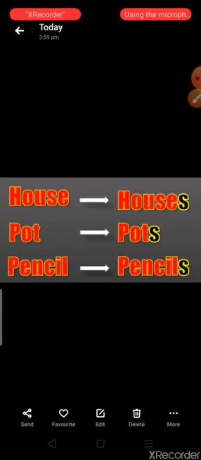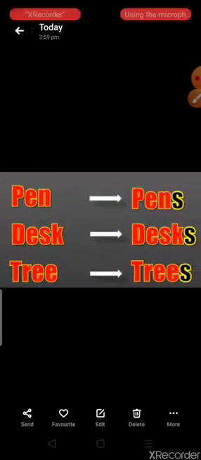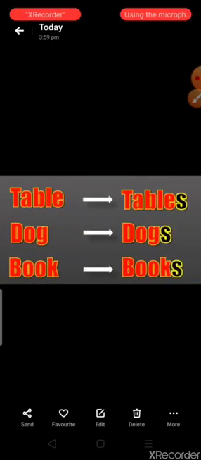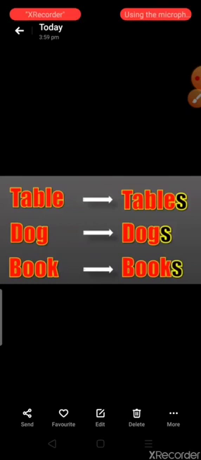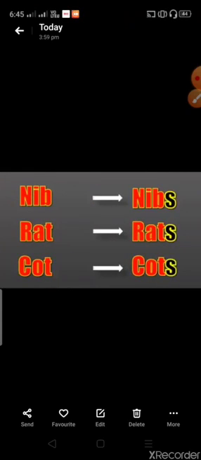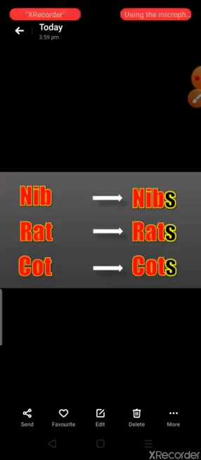Now the next words: pot, pots, pencil, pencils, pen, pens, desk, desks, tree, trees, table, tables, dog, dogs, book, books. There are so many words where we are using S: nib, nibs, rat, rats, cot, cots.